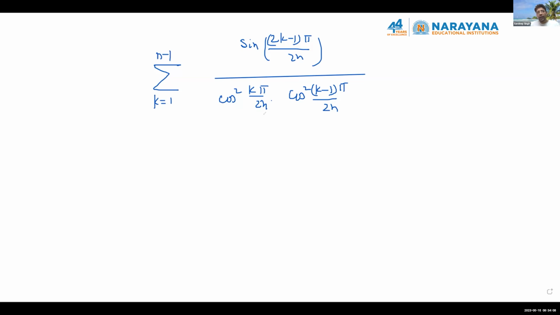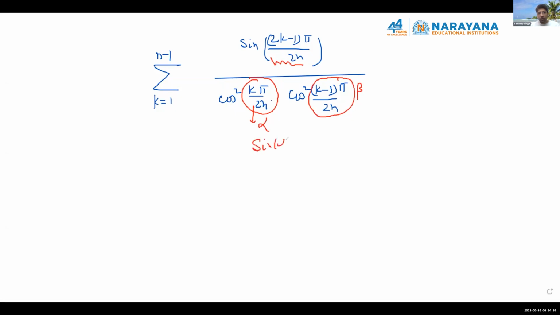So if this is alpha and this is beta, see what is going on here. If this is alpha and this is beta, so basically in the numerator they have written sine of alpha plus beta, correct? See this function, if you take as alpha, this expression if you take as beta, then what is written in the numerator is nothing but alpha plus beta.